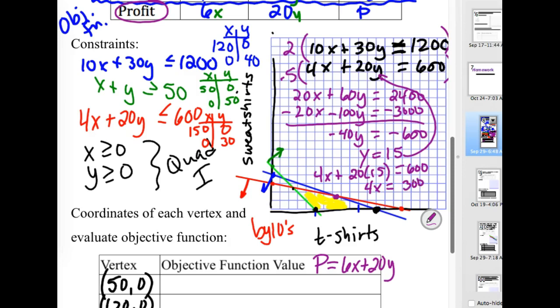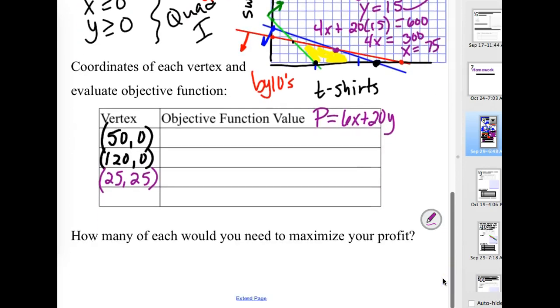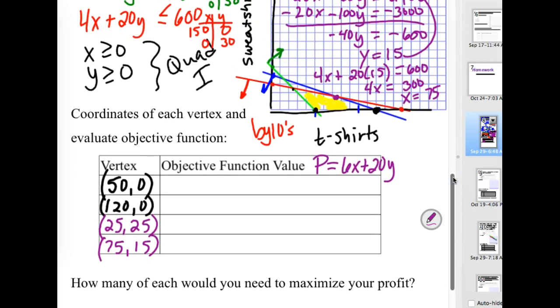What's 300 divided by 4? Okay. So we're getting the point x being 75 and y being 15. Does that fit our picture? 50, 60, 70, this is about 75. Yes? And about 15 over here?